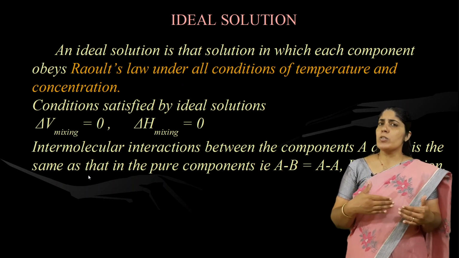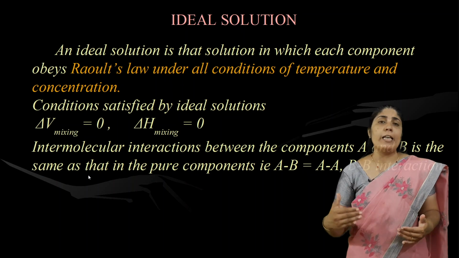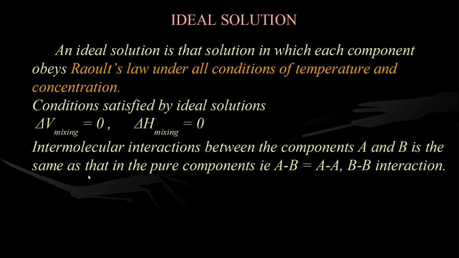Now, coming on to the molecular level of interactions, the nature of interaction between the component molecules AA and the component molecules BB will be the same after the mixing of the two components. That is, the interaction between AB will also be the same as the previous ones.